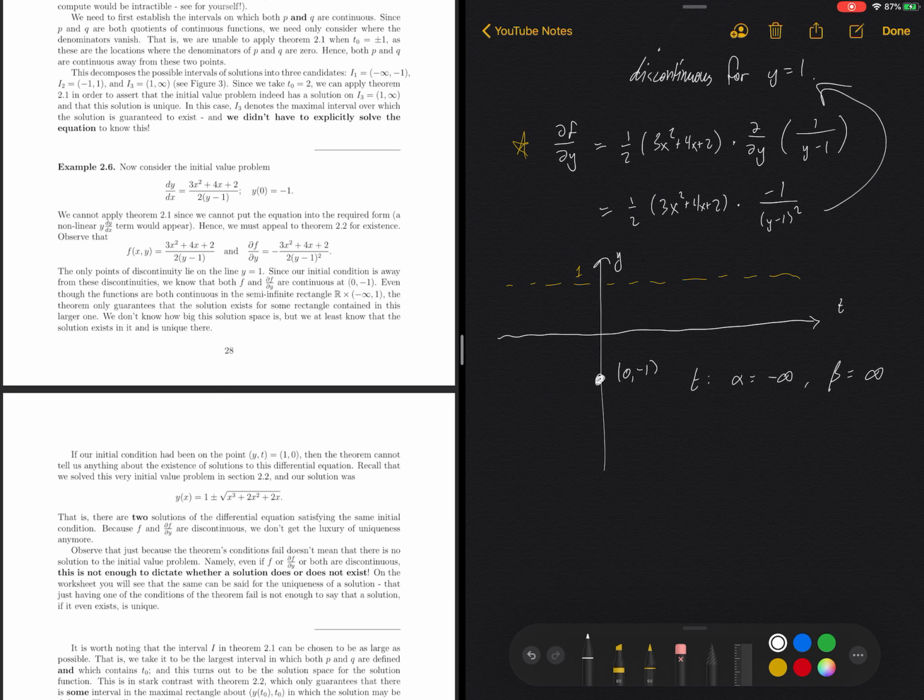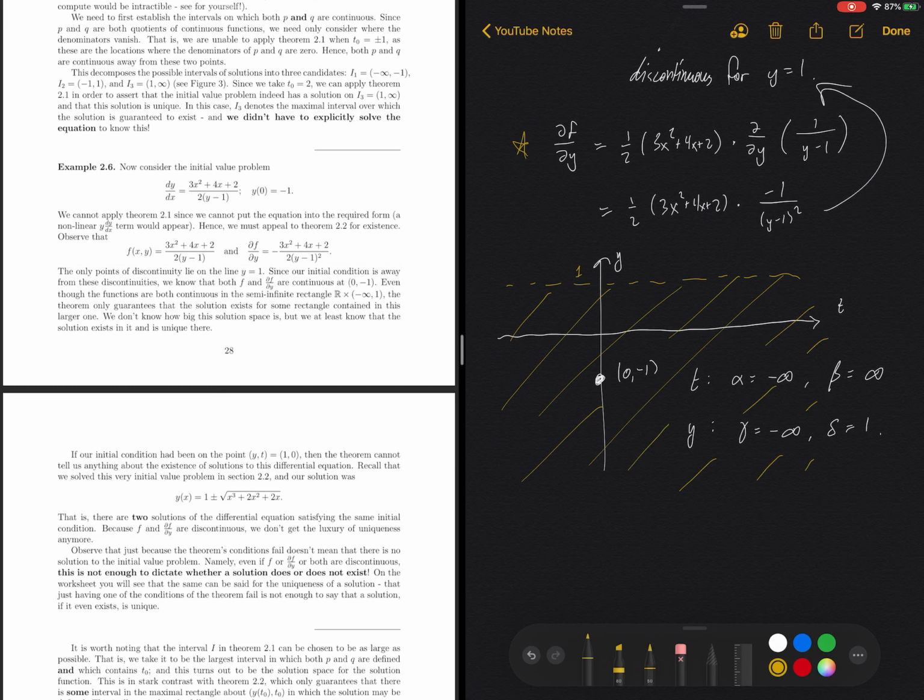So that means that I know that my interval can extend from minus infinity to infinity in t. So t can be anywhere in this interval. And y, let's see, that would be gamma would be the lower bound. So this extends all the way down to minus infinity, but it does stop up here at 1.